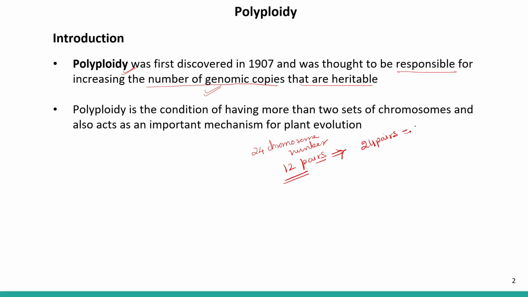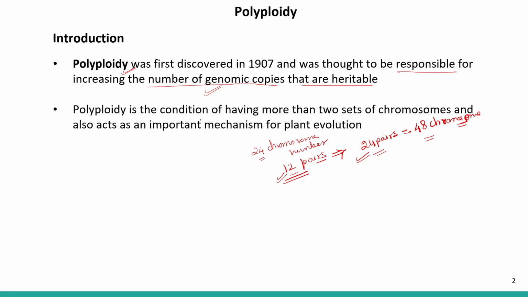That means 48 chromosomes. Right? So it doubles the chromosome number. Earlier 12 pairs were present, but now 24 pairs are present. And if we just count the number, it will be 48 chromosomes instead of 24.